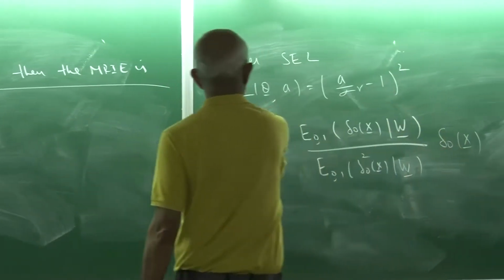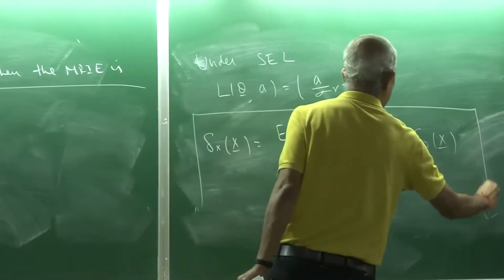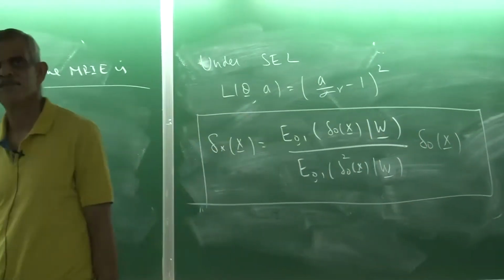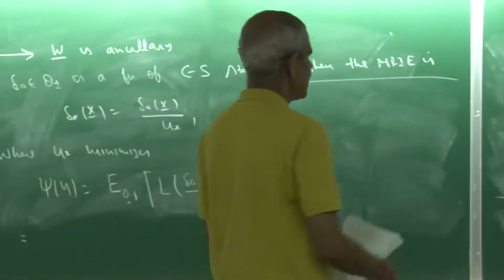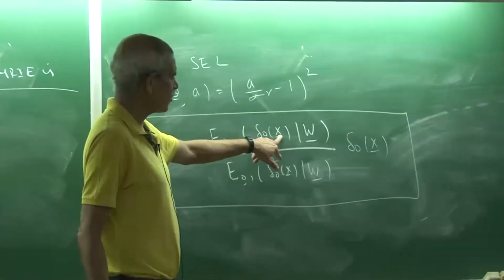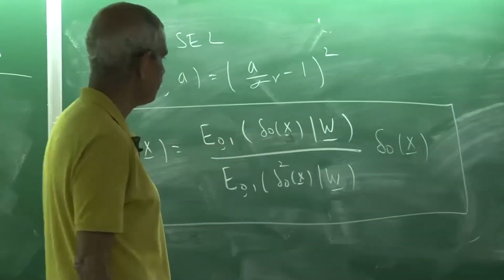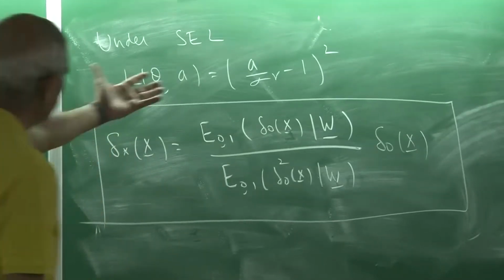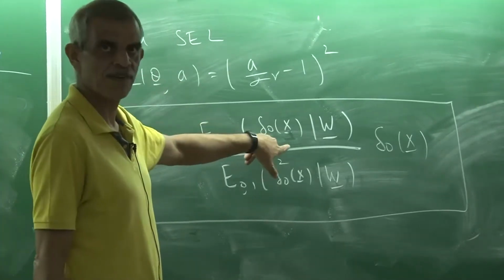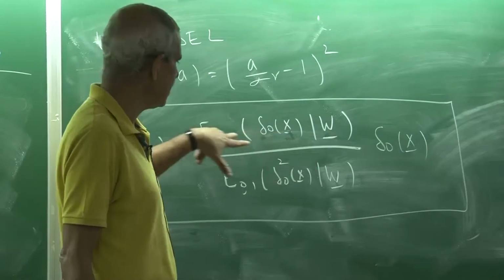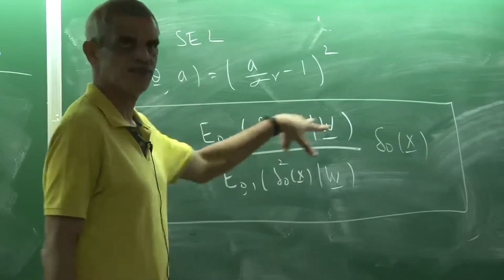So this is what the MRE turns out to be. Note that here delta naught depends on x only through d1, d2, ..., dn minus 1. And of course, if you choose delta naught to be a function of a complete sufficient statistic, then w being ancillary, this will turn out to be a constant.